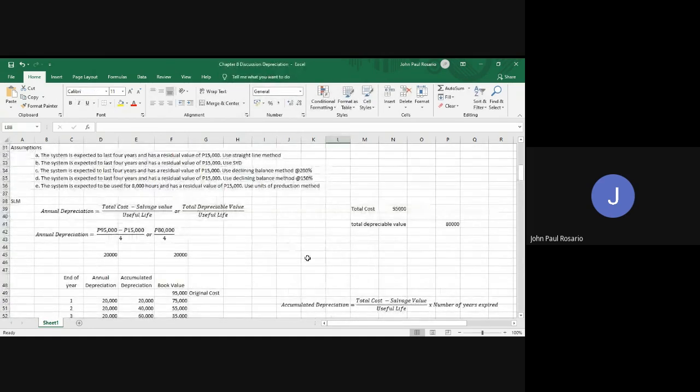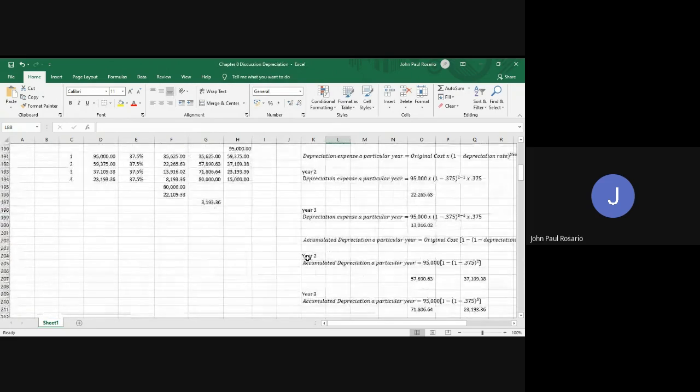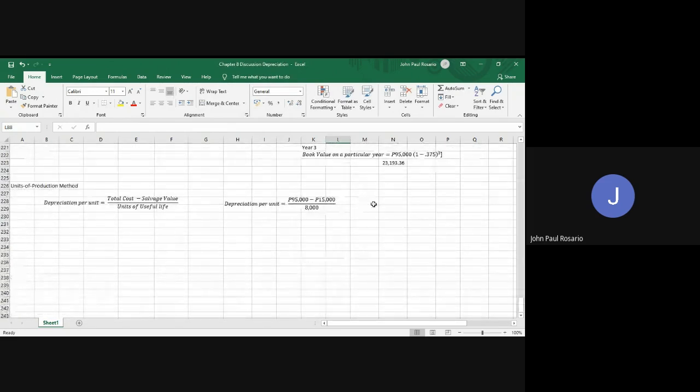Yeah, 8,000 hours. So our depreciation per unit would be 95,000 less 15,000, and we divide it by 8,000. So per hour of use is 10 pesos. So that's our depreciation per unit.